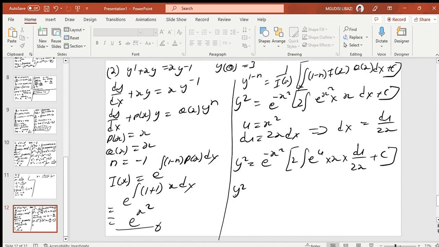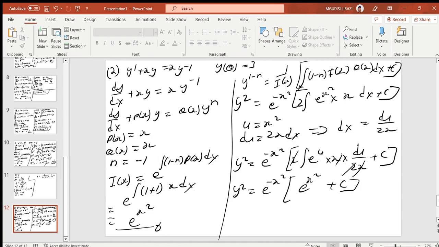So y squared should be e raised to negative x squared into 2, x cancels x there, and then this 2 cancels that 2. That means now we are left with integral of e raised to u, which will just be e raised to u, and then in place of u we set x squared, and then plus c.